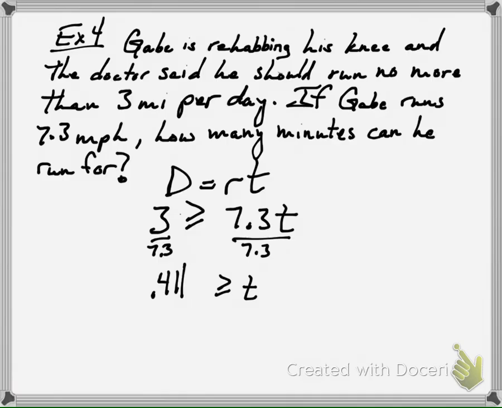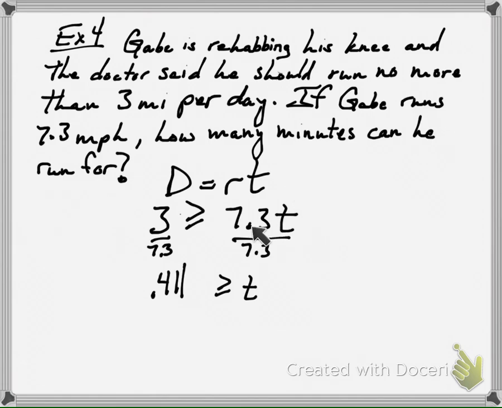And so what we're wanting to think about though here is it says how many minutes. Do you remember what we did last time when we had minutes and we got this? Because what's this? 0.411. Is it like half of a minute? That's not a very long time to run, especially to get 3 miles. That seems very fast. Not that I don't believe in you, Gabe, but I don't know. Oh, you know what?